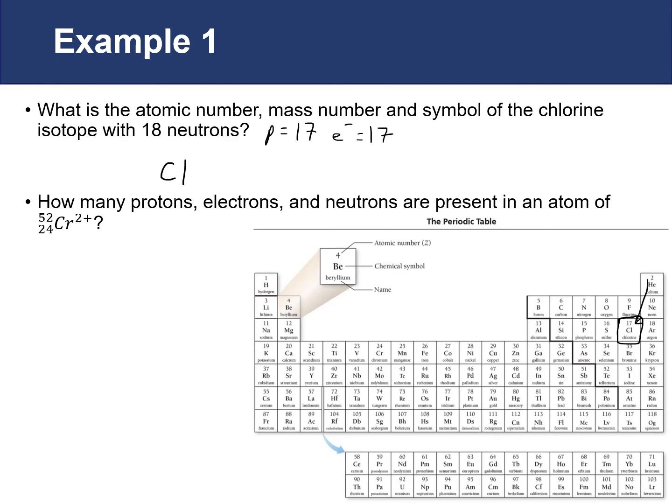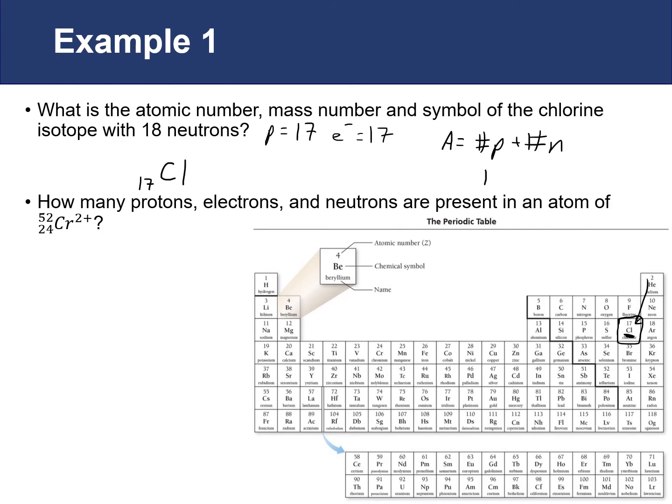the atomic symbol for chlorine is Cl, shown here in our periodic table. The number on the bottom left, our Z value, is the number of protons, so that is 17. And then our value that goes in the upper left, our mass number, A, is equal to the number of protons plus the number of neutrons.